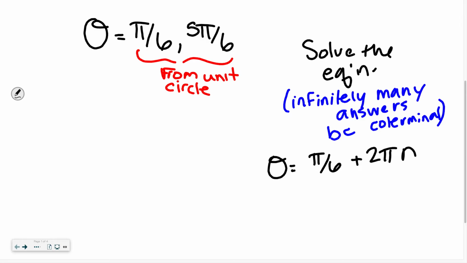If n is negative, I'm doing negative rotations. And that hits all the coterminal angles for pi over 6. And then there's a whole other set of infinitely many angles for 5 pi over 6. Because when I do that, I go right over 5 pi over 6, don't I? I never land on it. I always go back to my original angle.